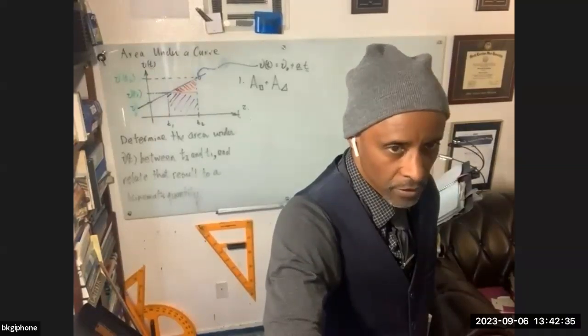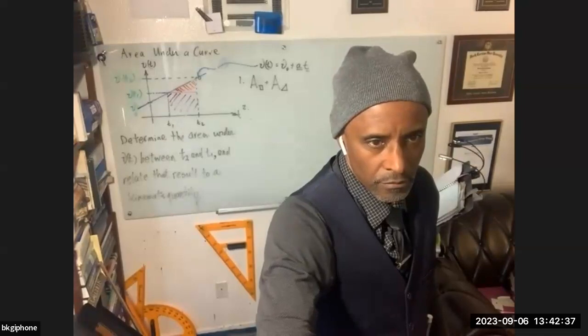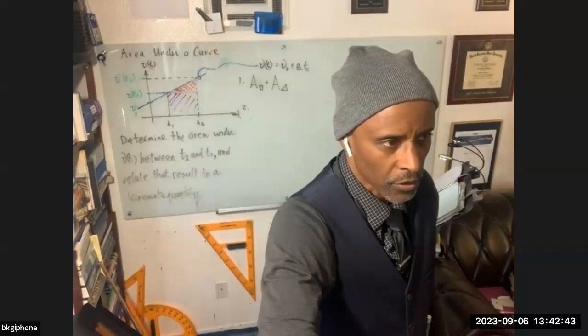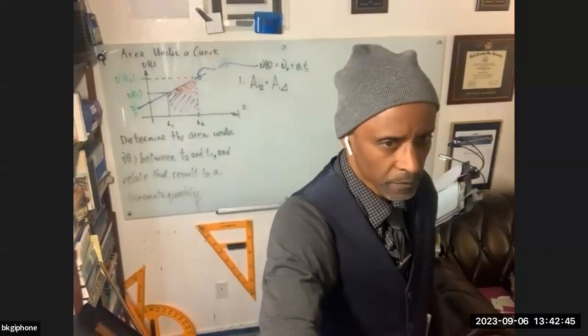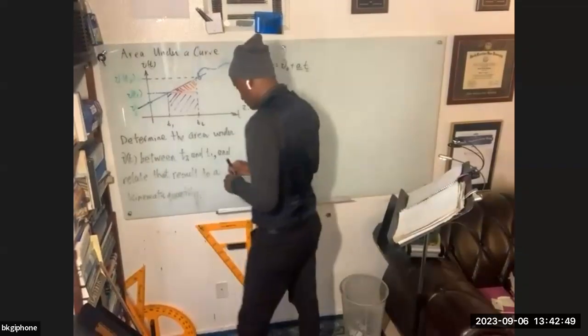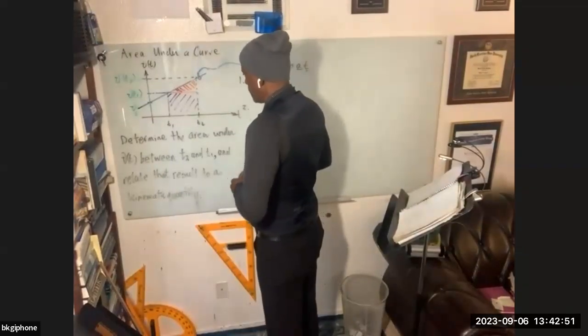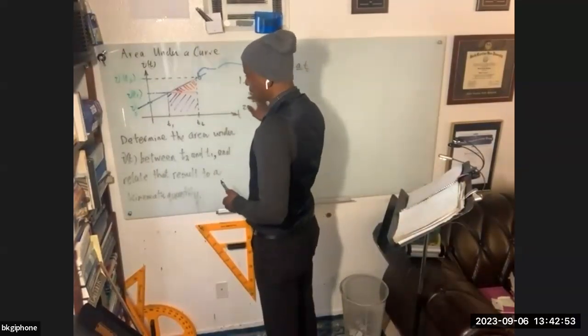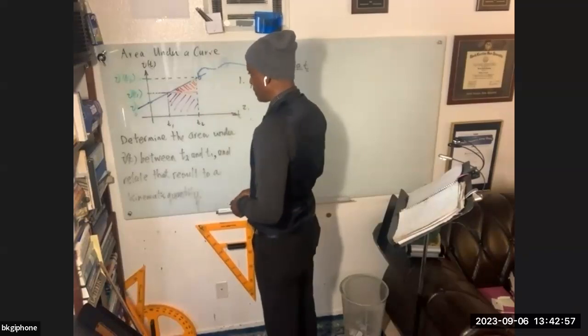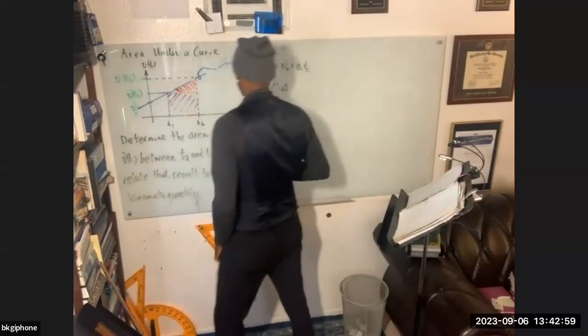Let's take a look. Yeah, so the area of the rectangle is t2 minus t1 times basically v at t1.